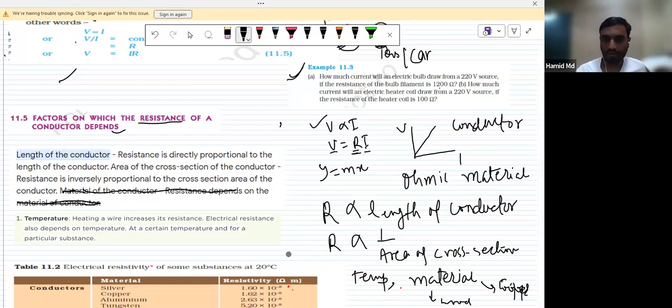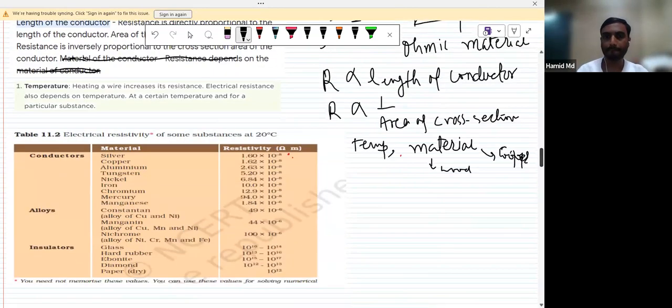So in a nutshell, if we want to write these two statements, we will write R is proportional to L over A. L is the length of the conductor and A is the area of cross section. What do we mean by area of cross section?